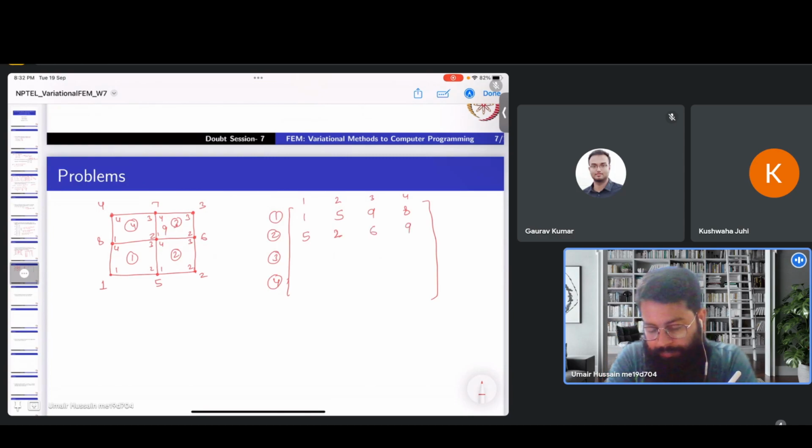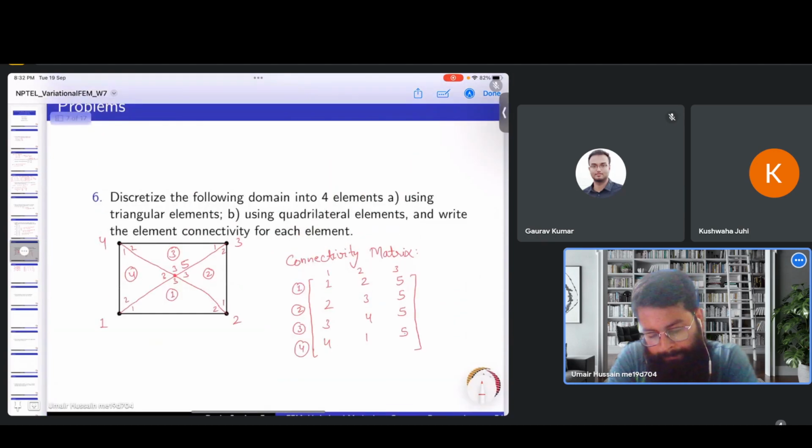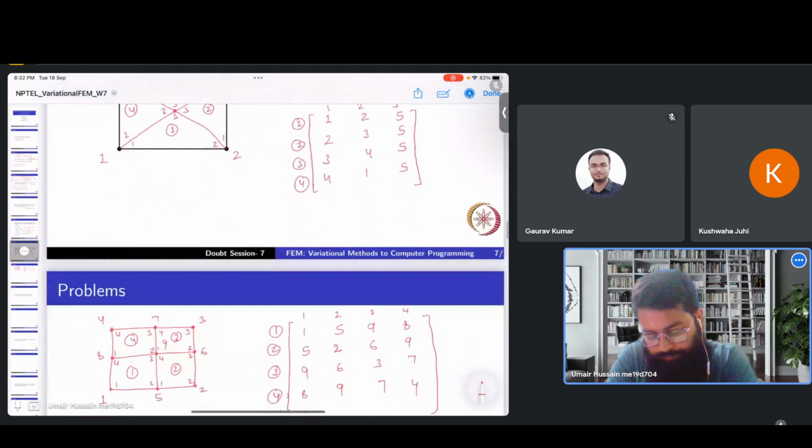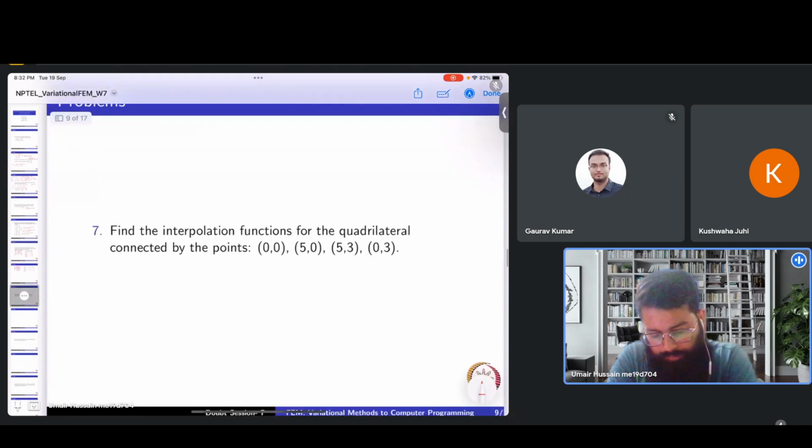Then element 3, it would be 9, 6, 3, 7. And element 4, it would be 8, 9, 7, 4. Okay, I hope this is correct. I hope this was clear.